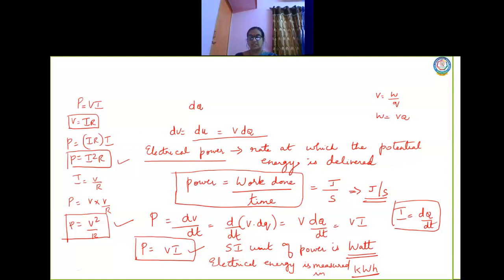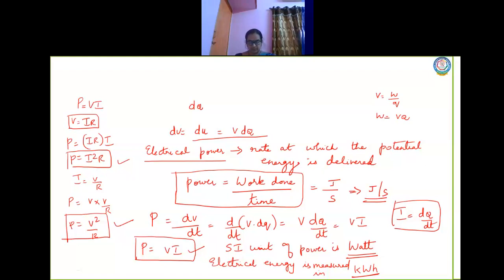Whichever has the greater power will take more current. Which bulb has the greatest power? It is the 60 watt bulb. So the 60 watt bulb draws twice as much current as the 30 watt bulb, bulb A or B here. So the 60 watt bulb will glow brighter than the 30 watt bulb. That is the first answer: the brightest bulb is the 60 watt bulb.